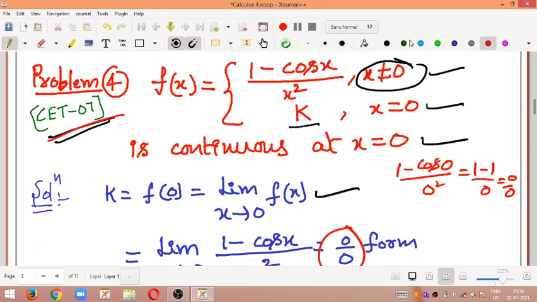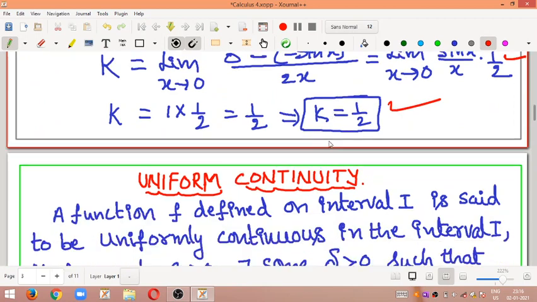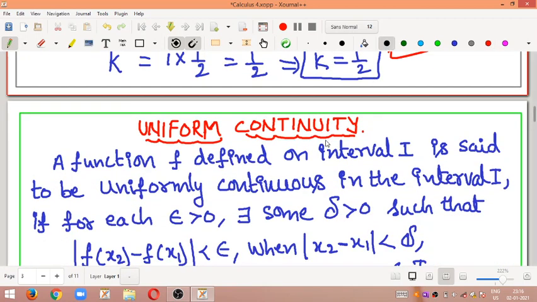If it is clear, I will move on to the next topic, that is the most beautiful and important topic, uniform continuity.